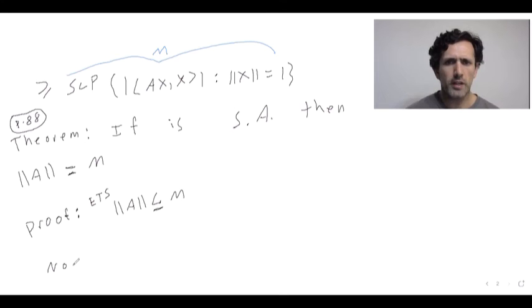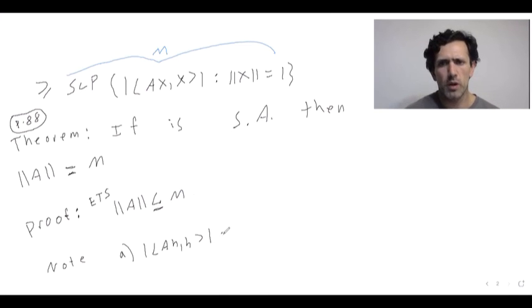So two observations. The first one is that for any H not equal to 0, we can write the modulus of the inner product of AH with H as follows. We're essentially multiplying and dividing by the norm of H squared.